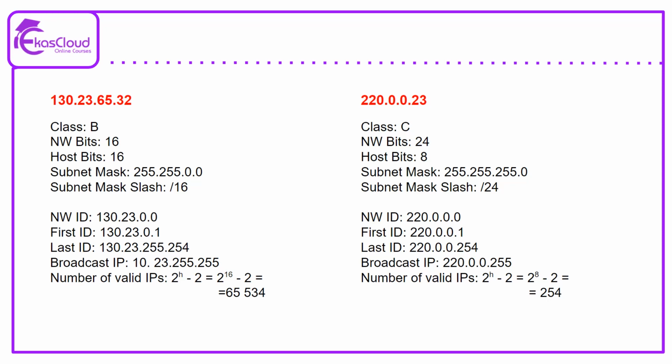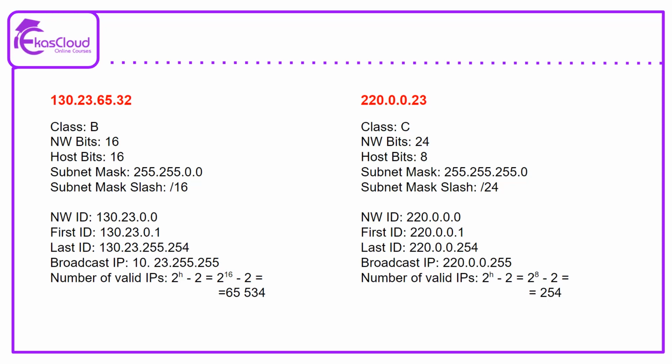But what about if you have an IP address of class C? With class C, we have the first 3 octets as network bits, and the last one is the host bits. The subnet mask is accordingly 255.255.255.0, and the slash is 24, because we are taking 24 bits for the network part.